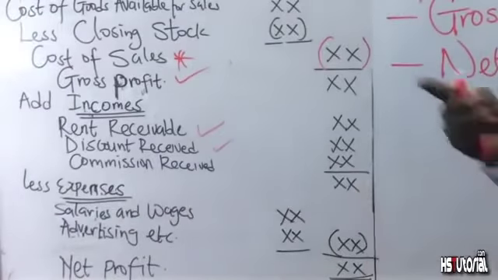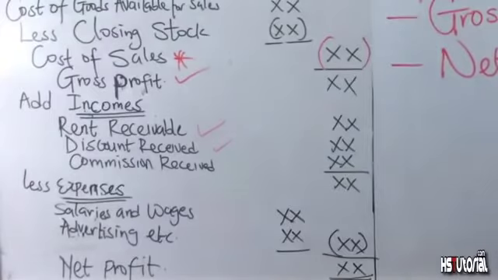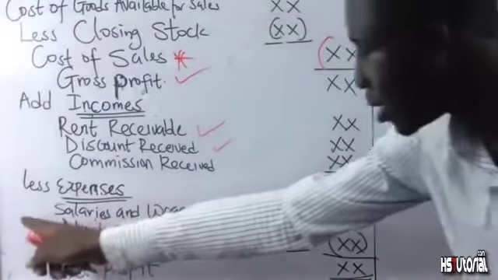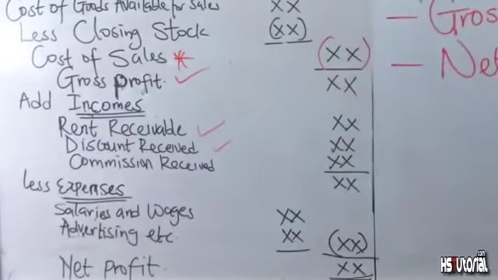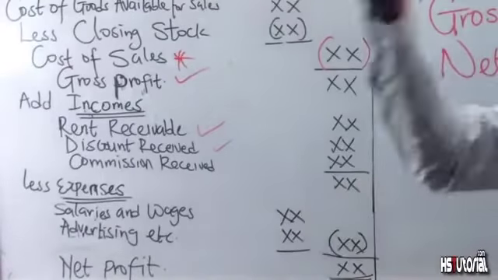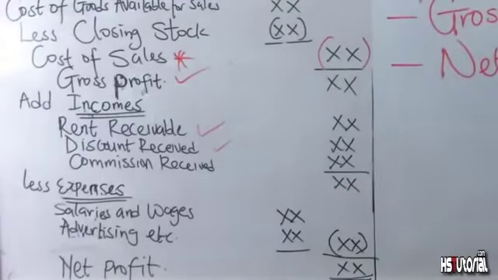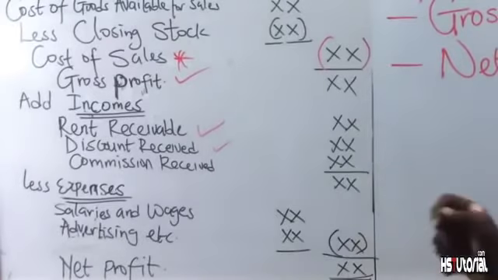Now, for example, if we are talking about expenses, expenses start with, let's say, salaries and wages. If you are talking about salaries and wages as an expense, it means it is an amount which you pay to your workers for job well done, or for the service or the work they've done for you.